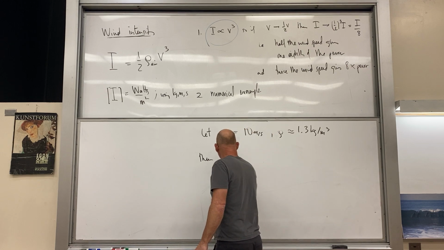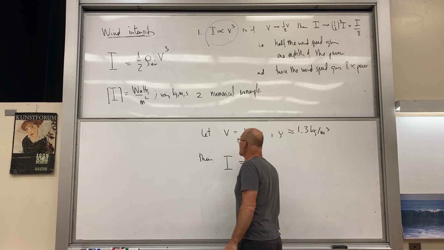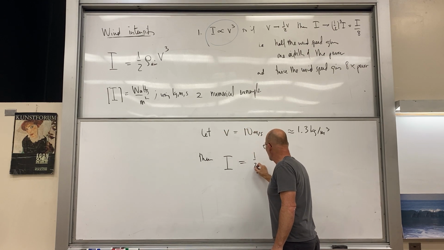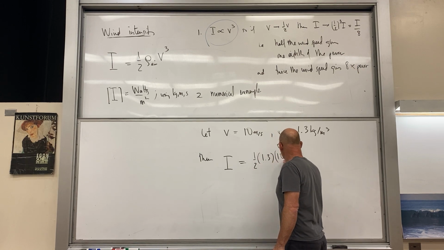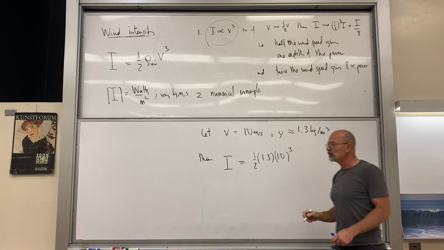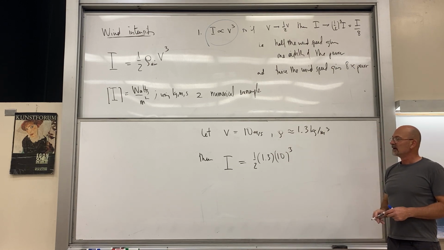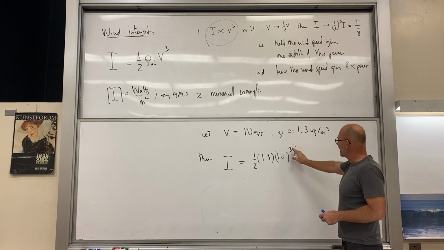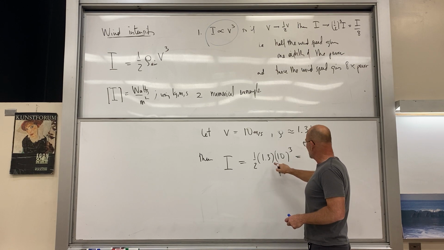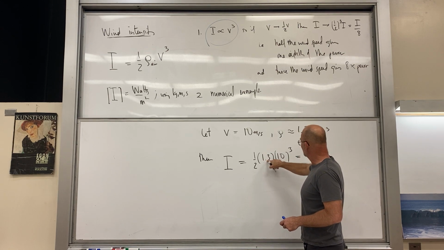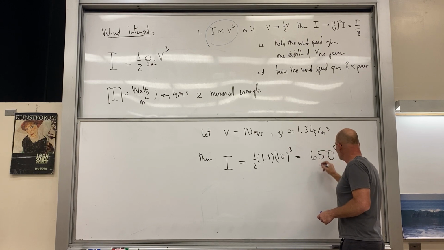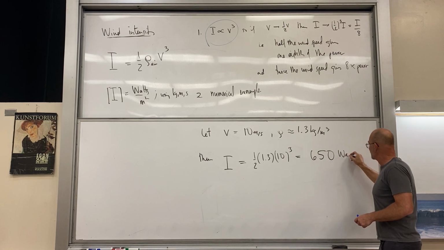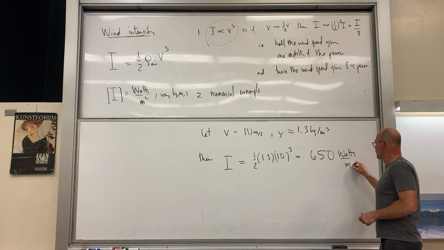Then I is equal to 1/2 times 1.3 times 10 cubed. So what do we get here? 0.65 times 1,000, so that's going to be 650 watts per square meter.